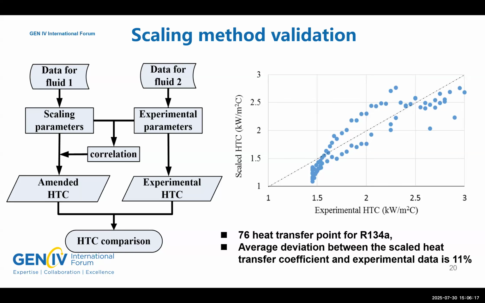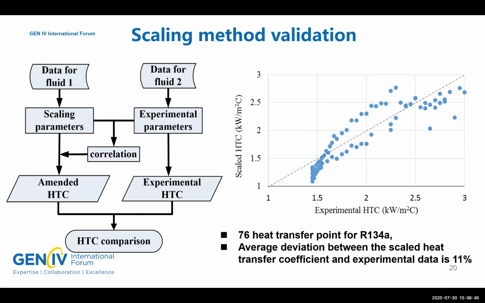We found 76 heat transfer points for Freon, and we can also find the corresponding heat transfer coefficient in the water data bank. You will see that we compare the scaled heat transfer coefficient with the experimental heat transfer coefficient in the water data bank.